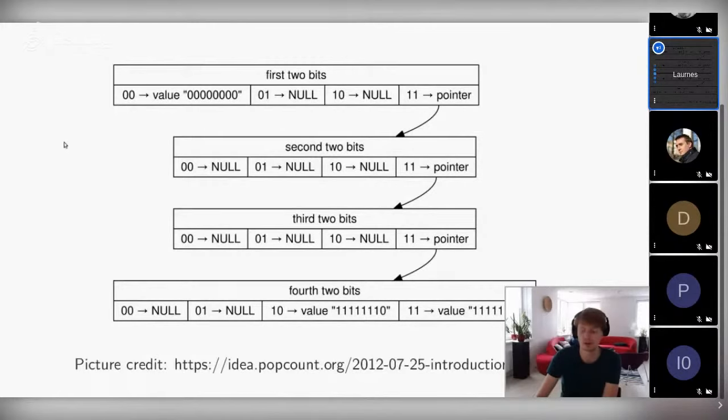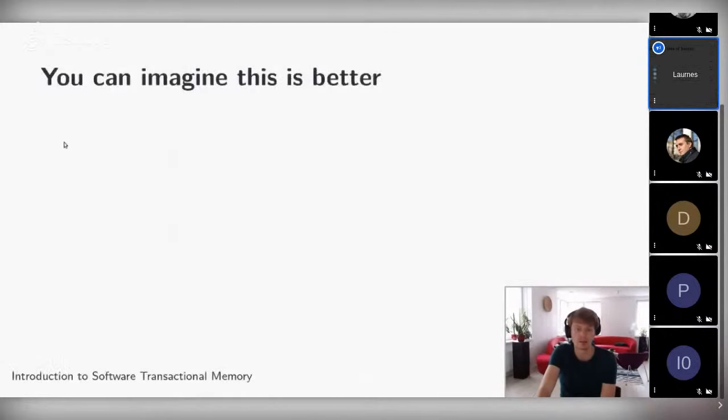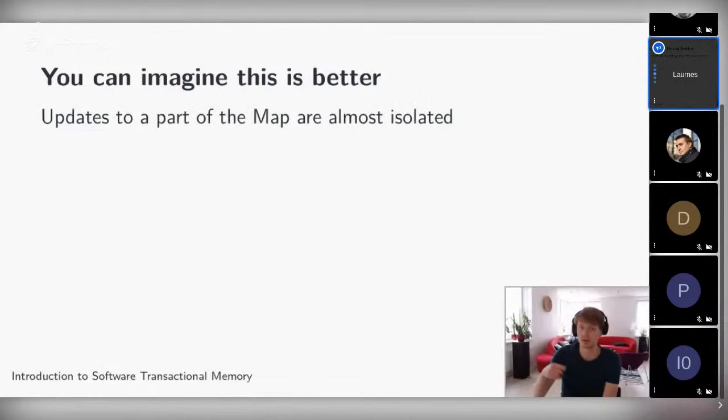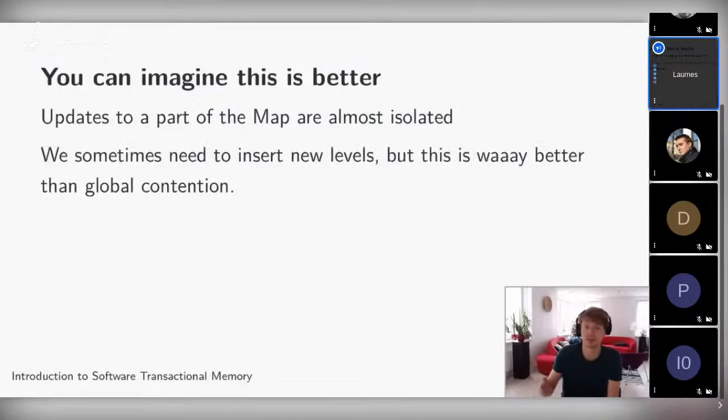And that's a really nice property, which makes things fast. So if you are able to isolate updates to a part of the map, then you sometimes just need to insert new levels, but this is way better than having this global contention on this outer single tvar.